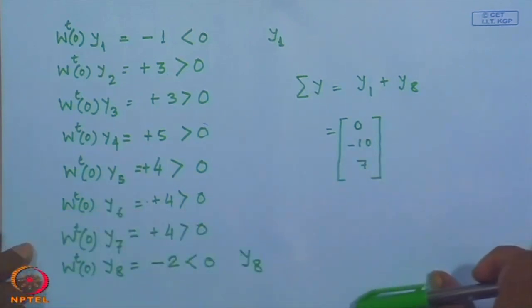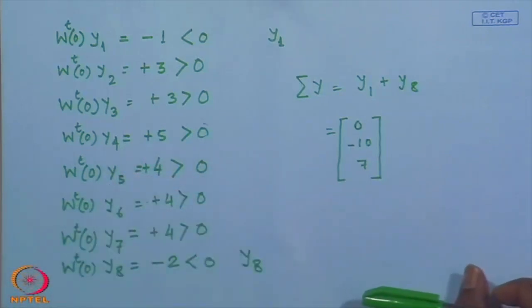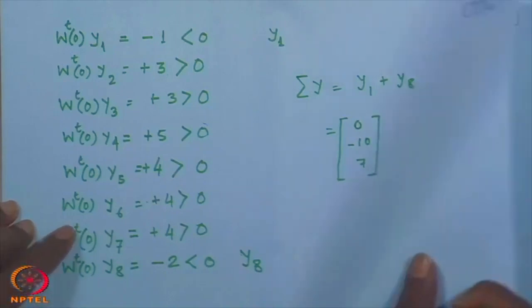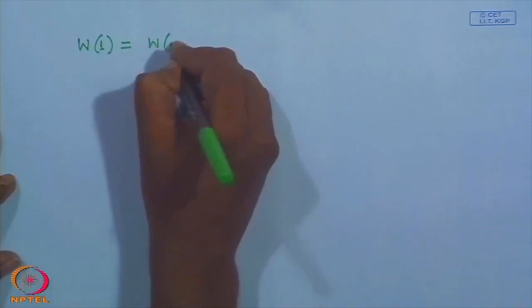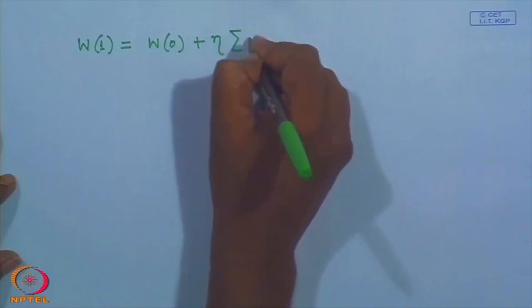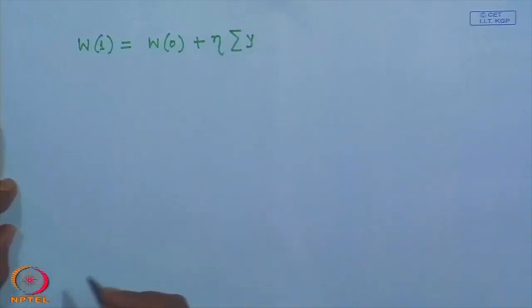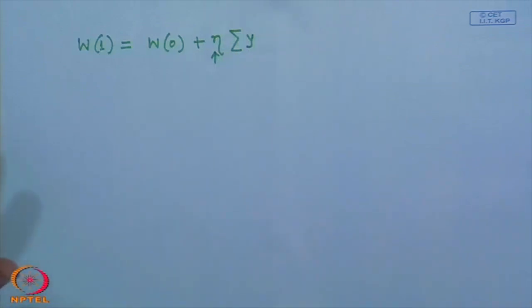Now, by using this I have to compute the next iterated value of W, which is W1, because I had chosen W0 at random. So my W1 becomes W0 plus eta times the sum of y for misclassified samples, where we have assumed eta to be 0.2.